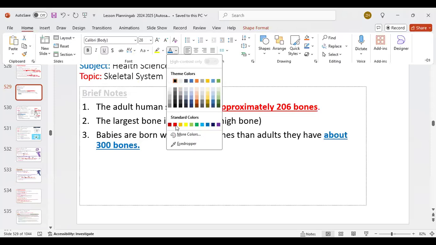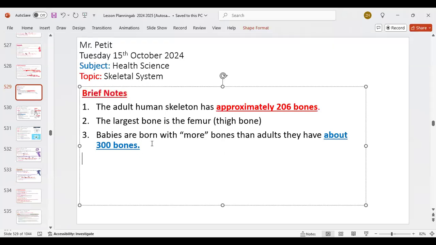Okay. Now let's look at the importance of the skeletal system.